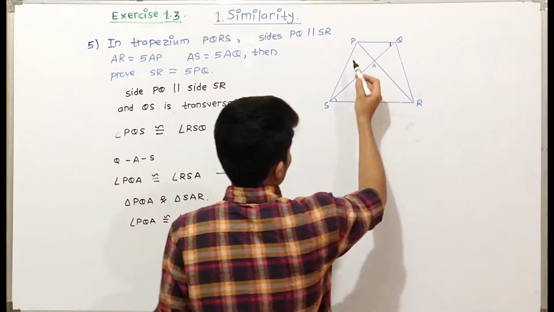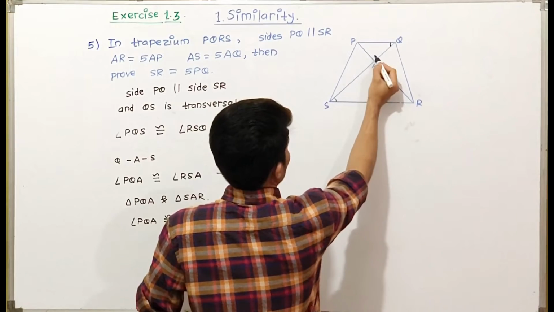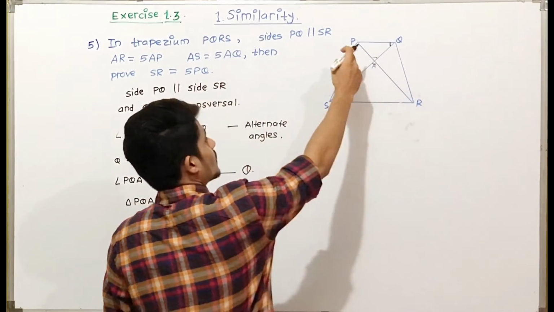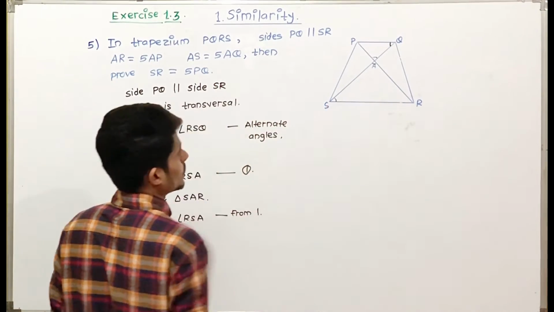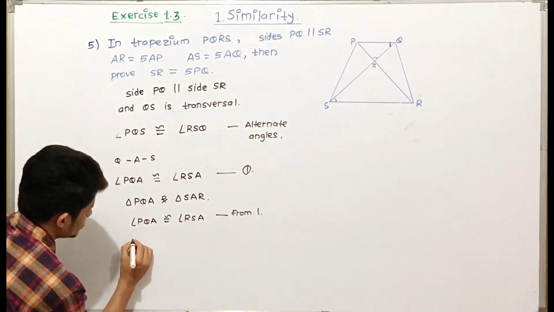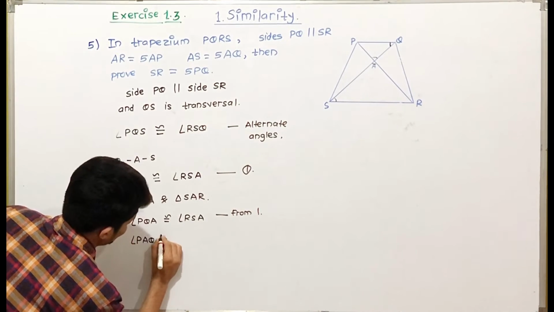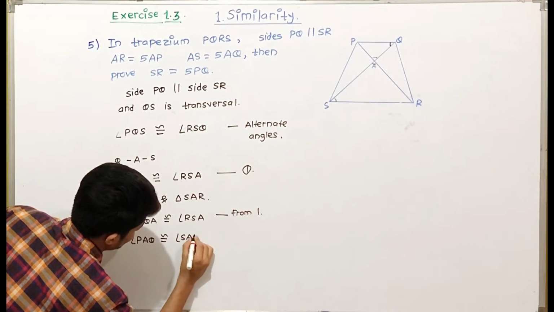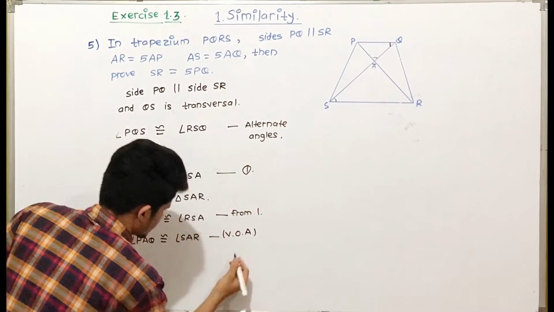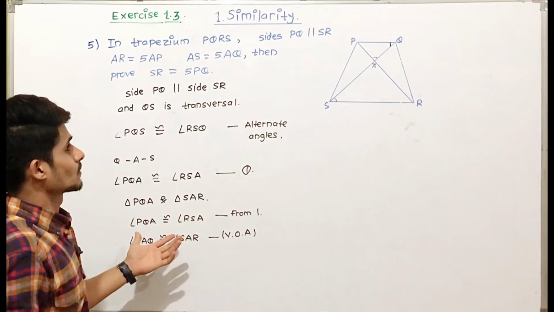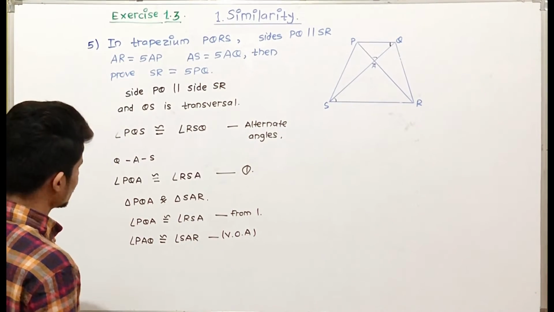Now if you see PQA and SAR, angle PAQ will be equal to angle SAR, vertically opposite angles. Angle PAQ is congruent to angle SAR, vertically opposite angles.